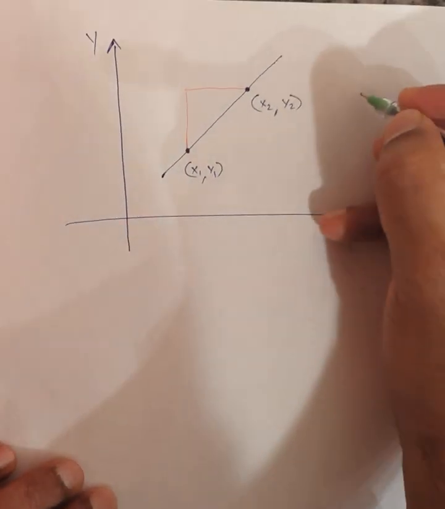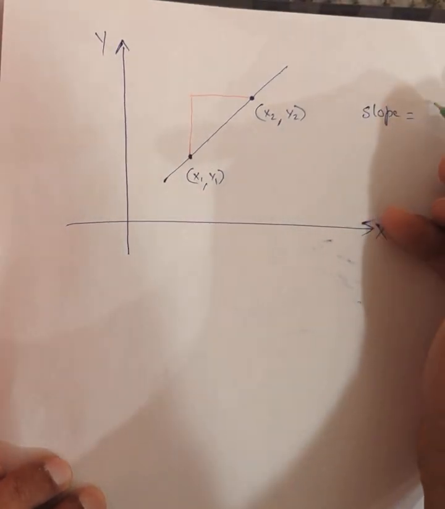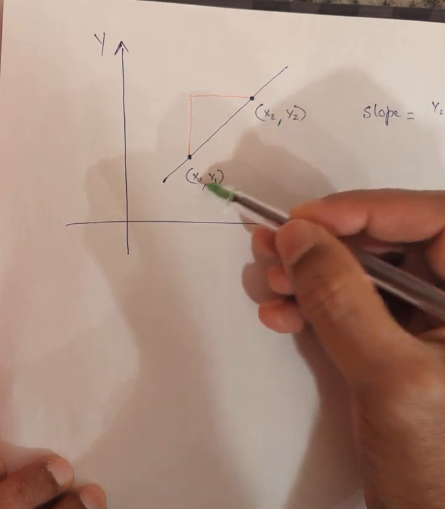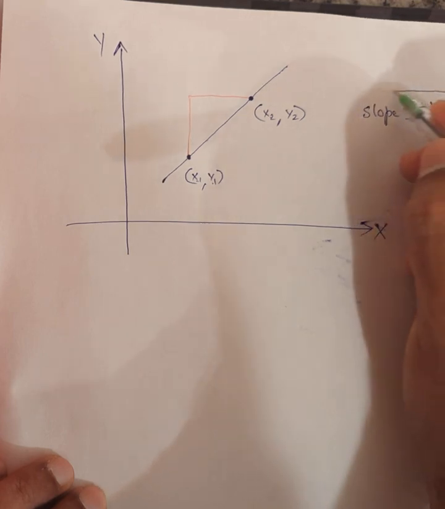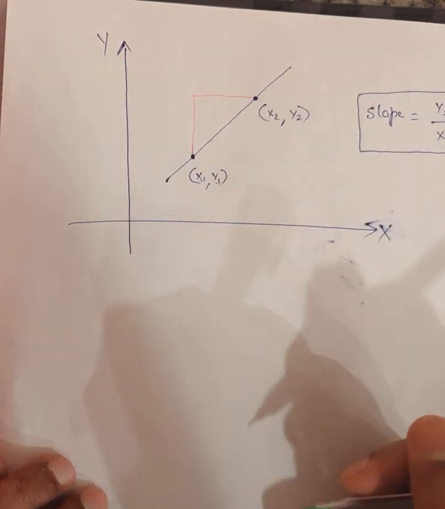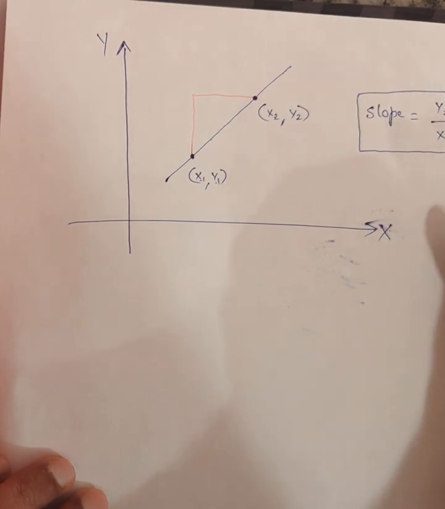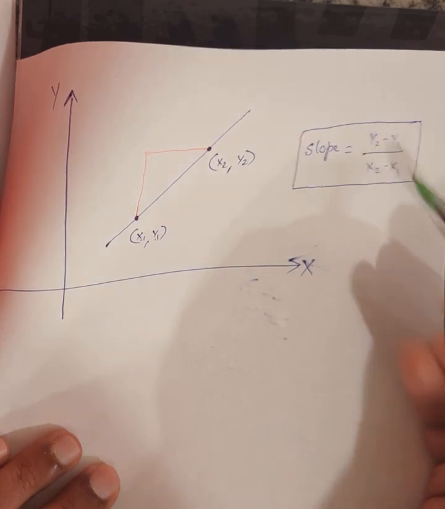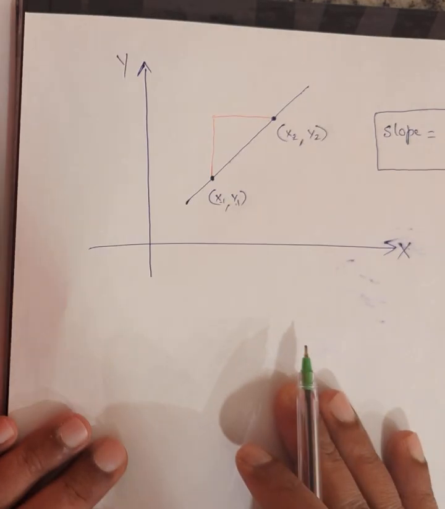So slope is equal to y2 minus y1, difference of y's, divided by x2 minus x1. So this is the formula for slope when 2 points are given. So rise over run, but how do you find the rise? You take the difference of y's, and to find the run, you take the difference of x's. So that's the formula for slope.